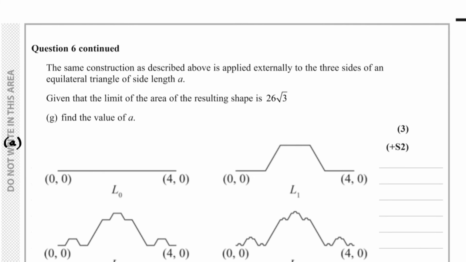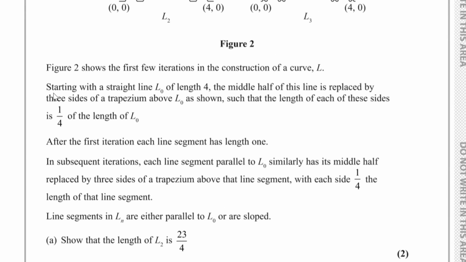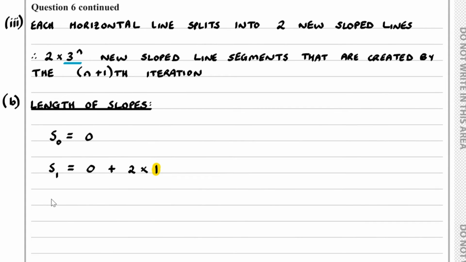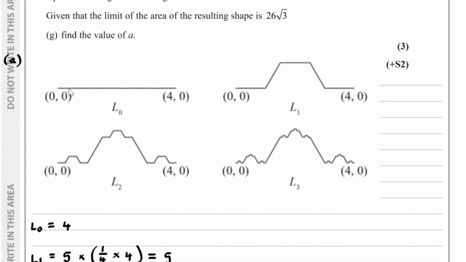So this 1 comes from the fact that in this question we are told that after the first iteration each line segment has length 1. And now if we consider S2, well, going back to S2, we've got the 0 from here, and then we've got this bit and this bit which remain the same.